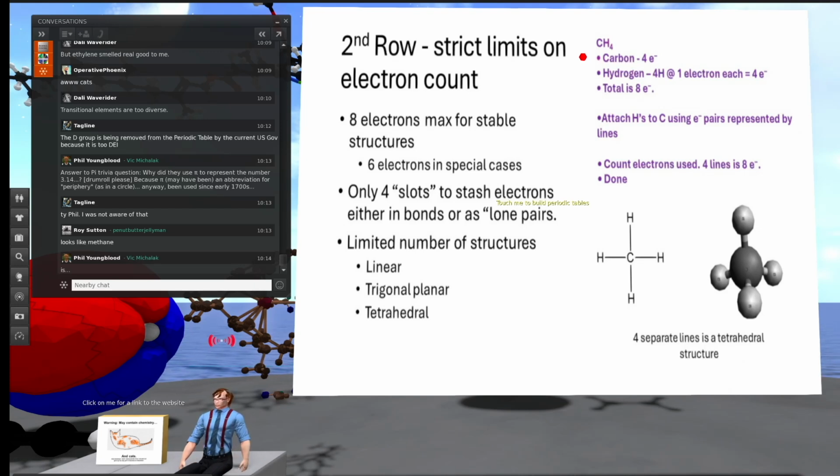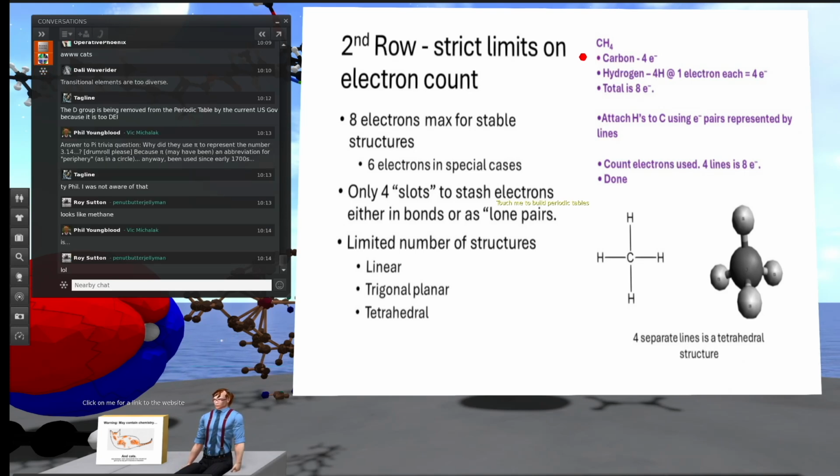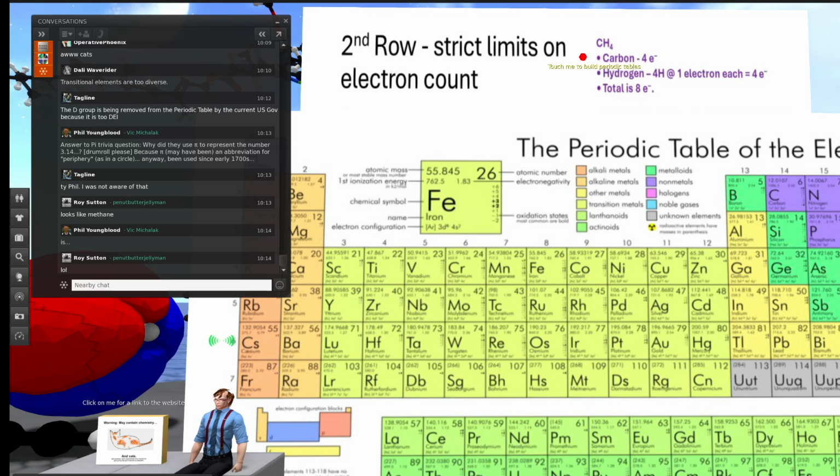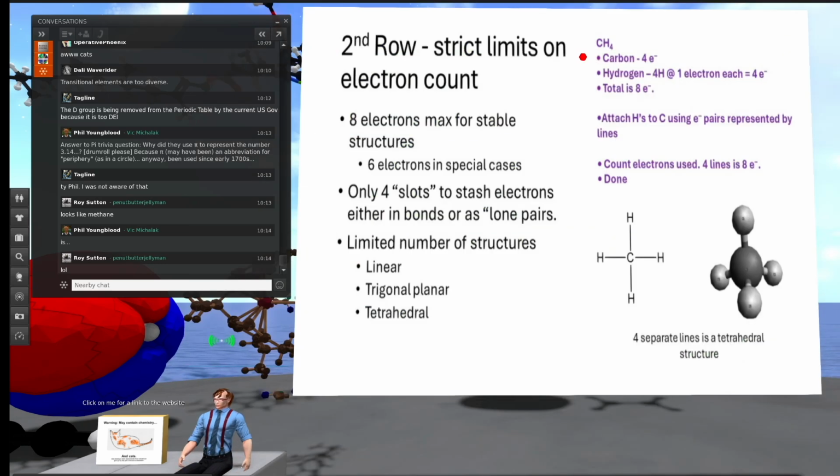So carbon is 4 from the left of the periodic table. So let me bring a table forward here, and maybe just move it up so it can be seen if people want to see it.